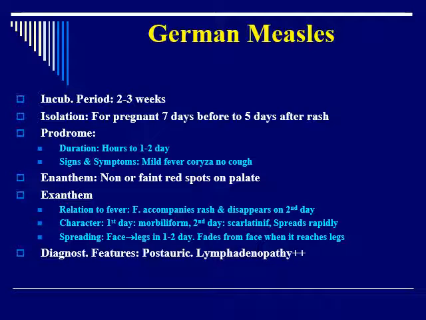What about the diagnosis? German measles can be diagnosed on clinical basis, and laboratory investigations include serological tests, IgG and IgM, and isolation of the virus. Prevention: German measles is a vaccine-preventable disease.